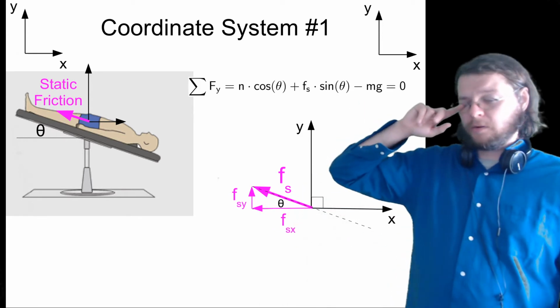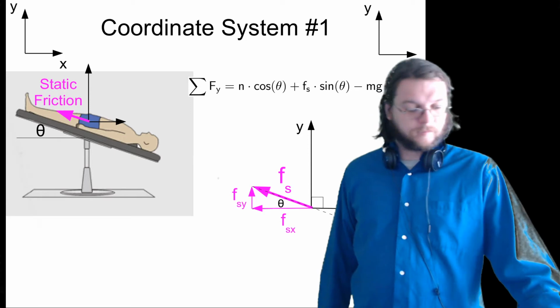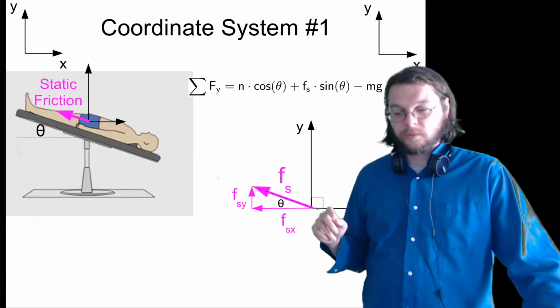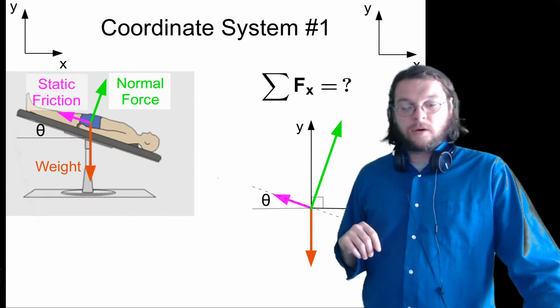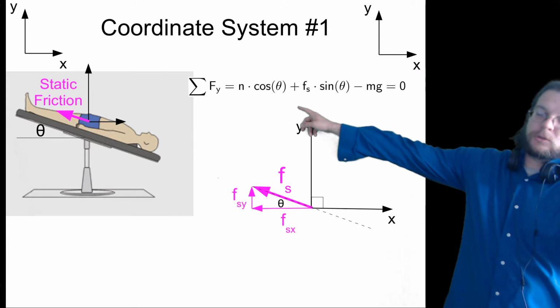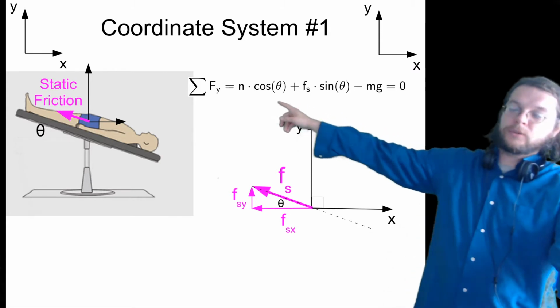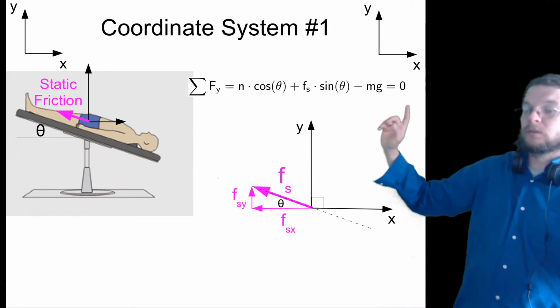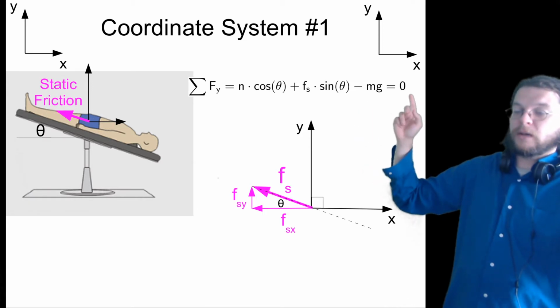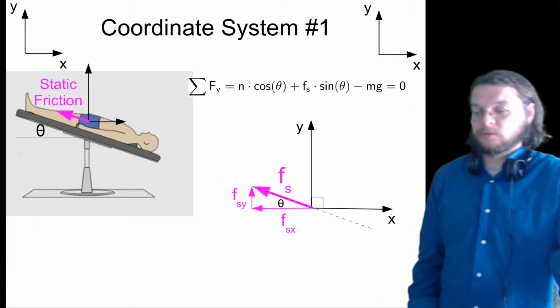So that's how we get the sine there. The essential skills can kind of help going over these trig things, but I'll try to walk you guys through them as well. All right, so that's the y component forces. So we don't really know what the normal force is. We don't really know what the static friction is. I think we do know what the weight is, but right now all we know is that these things have to add up to 0.